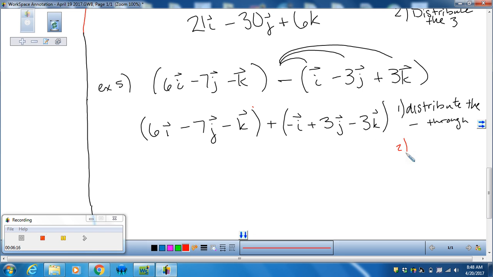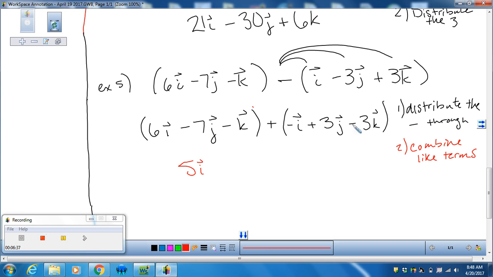Second step, I'm going to combine like terms. So now I'm looking at my two i's. I have 6i plus negative 1i, that's going to give me 5i.